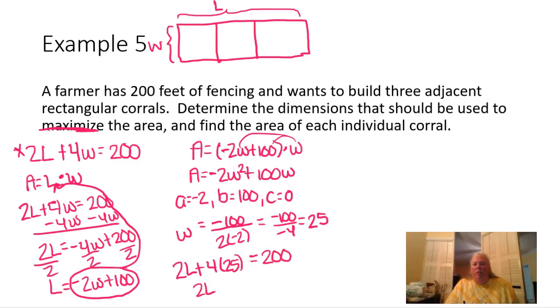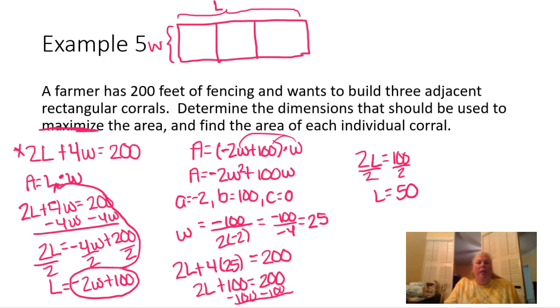And we know that 4 times 25 is 100. So we'll subtract the 100. We've got 2L equal to 100, which means that L is equal to 50.